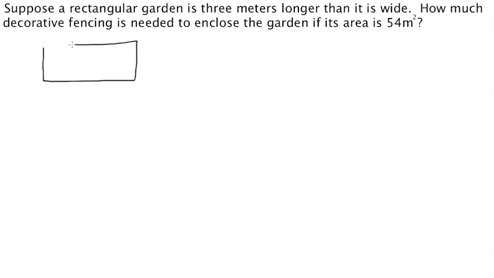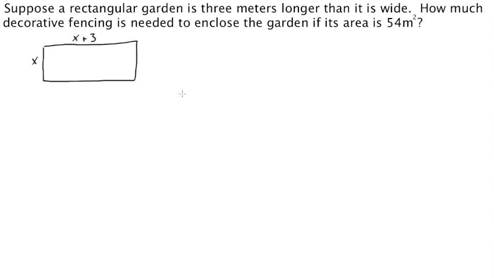We're told that it's 3 meters longer than it is wide. We don't know the exact length of either of those, so let's just throw in a variable. So this is the width, this is the length. We don't know what either one is, but we know that the length is 3 meters longer. So let's just say our width is x, which means therefore our length is going to be x plus 3.